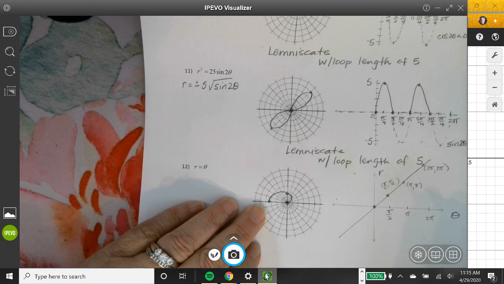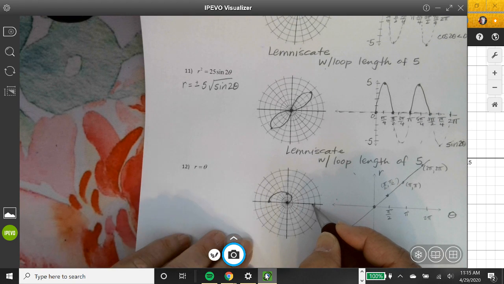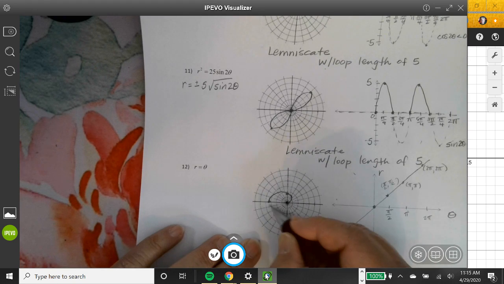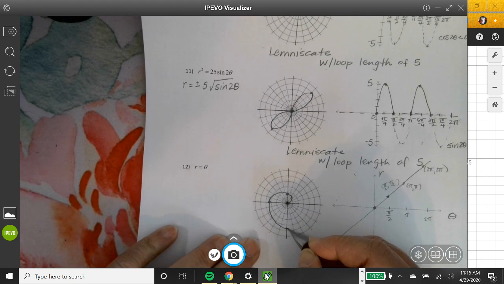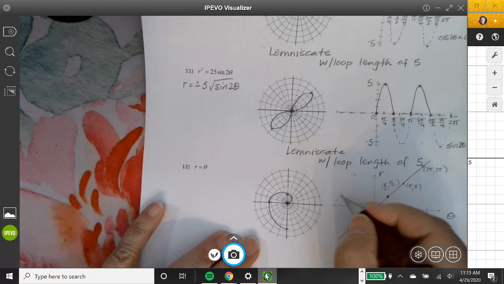And then if I were to go 3 pi over 2, 3 pi over 2 is about 4.71. So 1, 2, 3, 4, 5. So something here, and then we're going to go to 3 pi over 2 down here. So down here, maybe right about here. Do you see what's happening? And then 2 pi, 2 pi. 2 pi is 6.28 roughly.